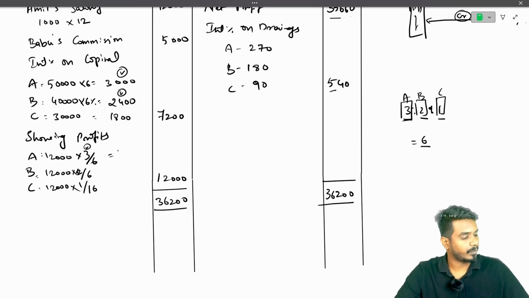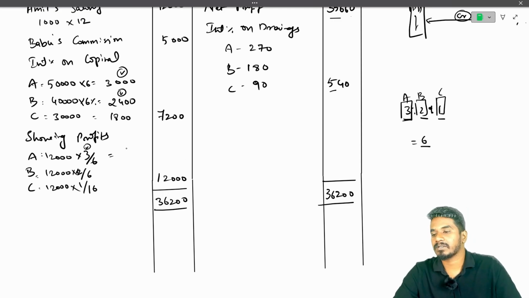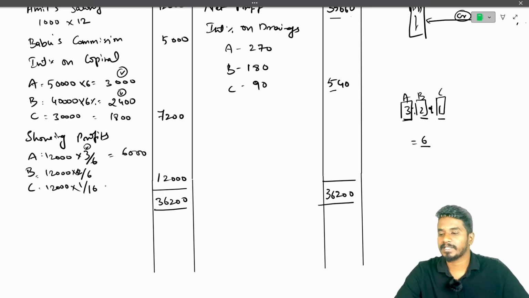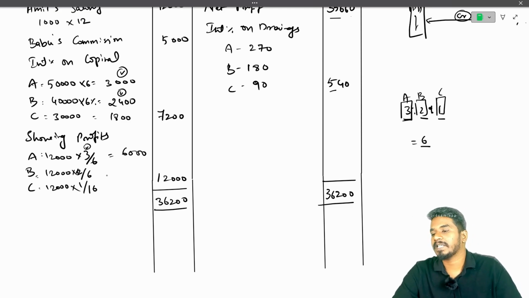Yes. So 12,000, for A we will calculate 3 divided by 6. That is 6,000 for Mr. A. For B, 12,000 into 2 divided by 6. How much we need to pay? 4,000.